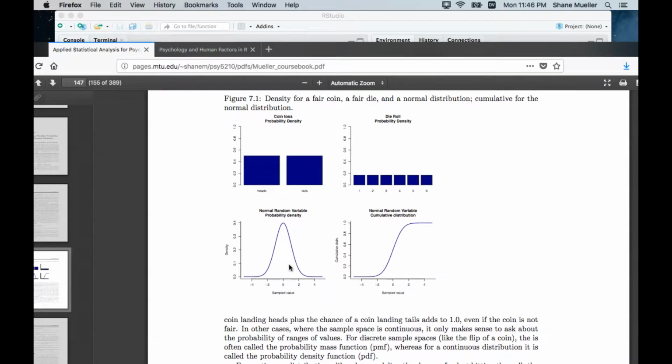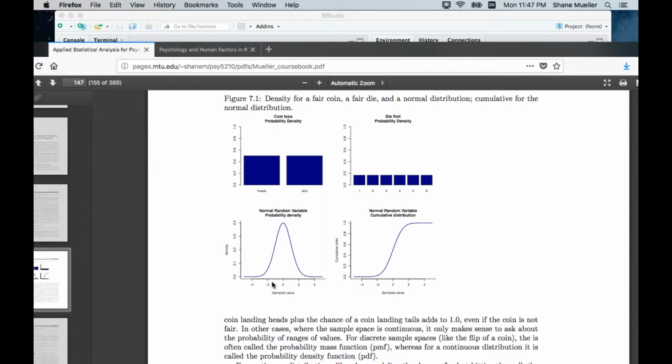This is because if you think about what a continuous real number line is, if you pick any particular value here, the chance of this random variable taking on that value is zero. It goes to zero, because there's an infinite number of possible values it could take on. But that doesn't mean every value is equally likely.